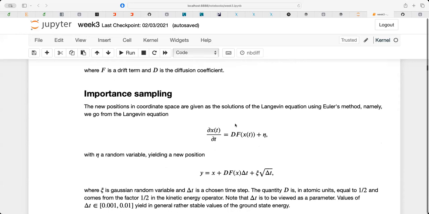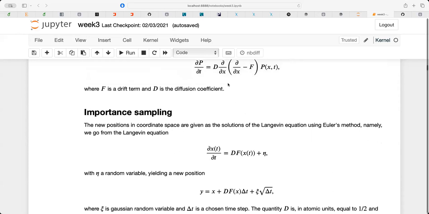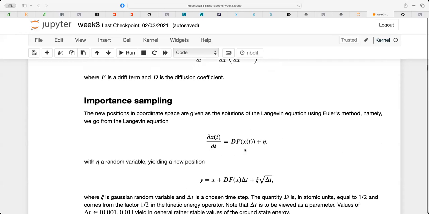And we are also going to simulate this equation, which is called the Langevin equation. Next time, I'm going to give you a link between the Fokker-Planck equation and the Langevin equation. So these are two technical aspects which we are going to implement. This Langevin equation is the way we now simulate the next position.